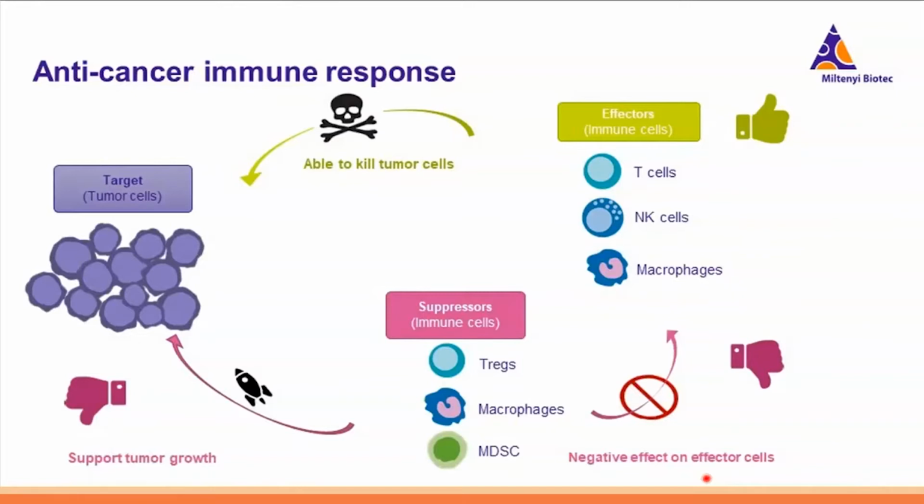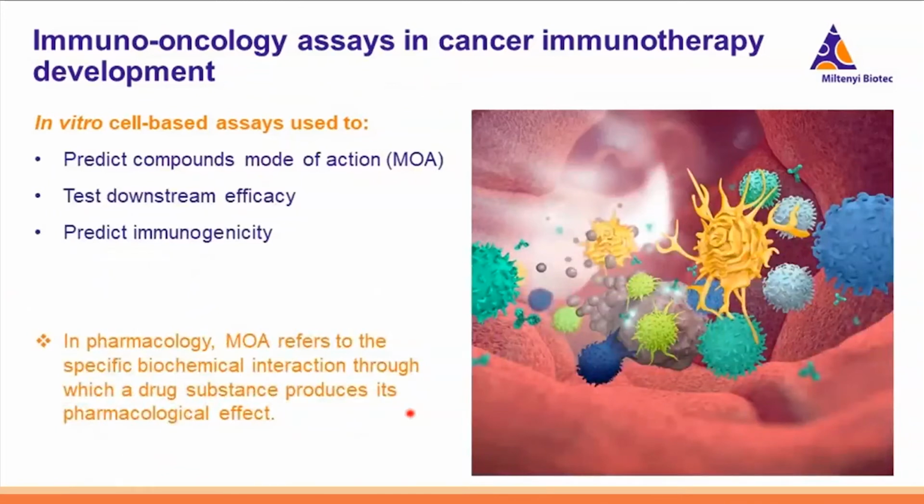challenging. So therefore, in the search for effective cancer therapy, thousands of immunotherapy compounds must undergo laboratory screening for each new drug before they are tested in humans. One of the strategies to test these compounds is via immuno-oncology assays. These are in vitro cell-based assays performed to predict compound mode of action, test downstream efficacy, and also predict immunogenicity.